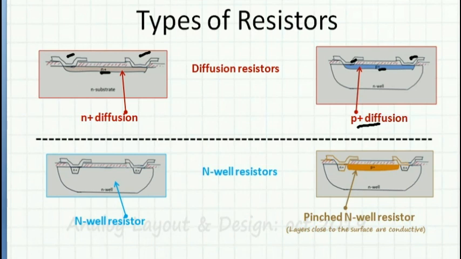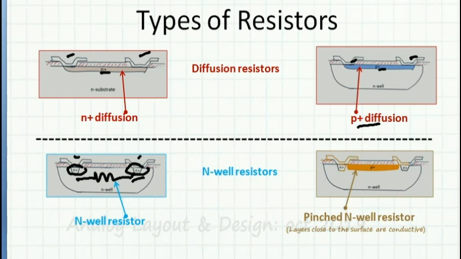I can use the N-well itself as a resistor. So how do I do that? I have these two contacts. I put an N plus block so that it connects well with the N-well, and this entire N-well acts like a resistor.